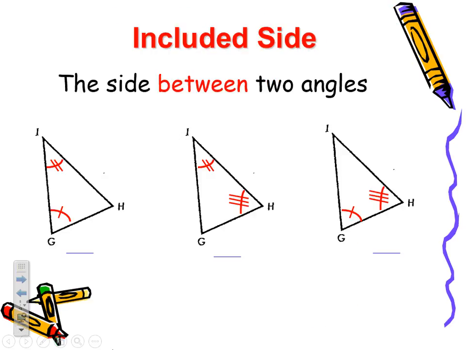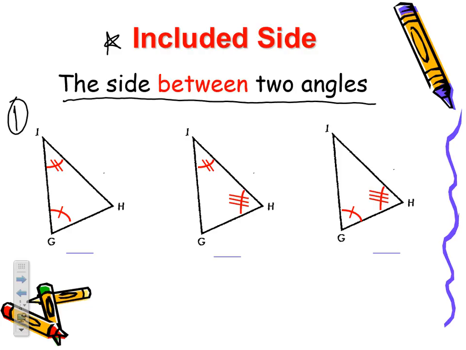Moving on, included side. Only thing on this slide that you have to write down is included side. It is the side between two angles. So if we look at example number 1, the side that's between these two angles is going to be segment GI or IG.